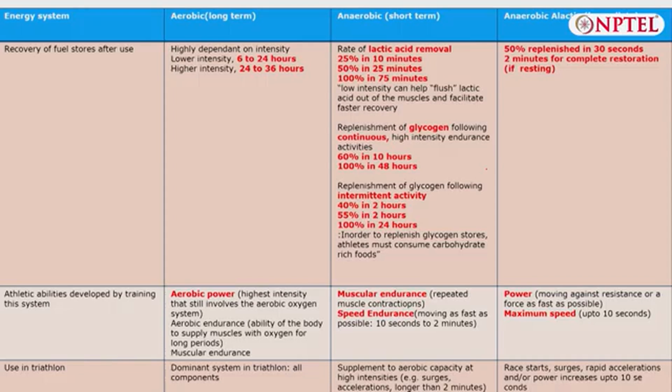Following intermittent activity, 40% in 2 hours, 55% in another 2 hours and 100% in 24 hours. Whereas anaerobic alactic is 50% replenished in 30 seconds to 2 minutes, with complete restoration if resting.